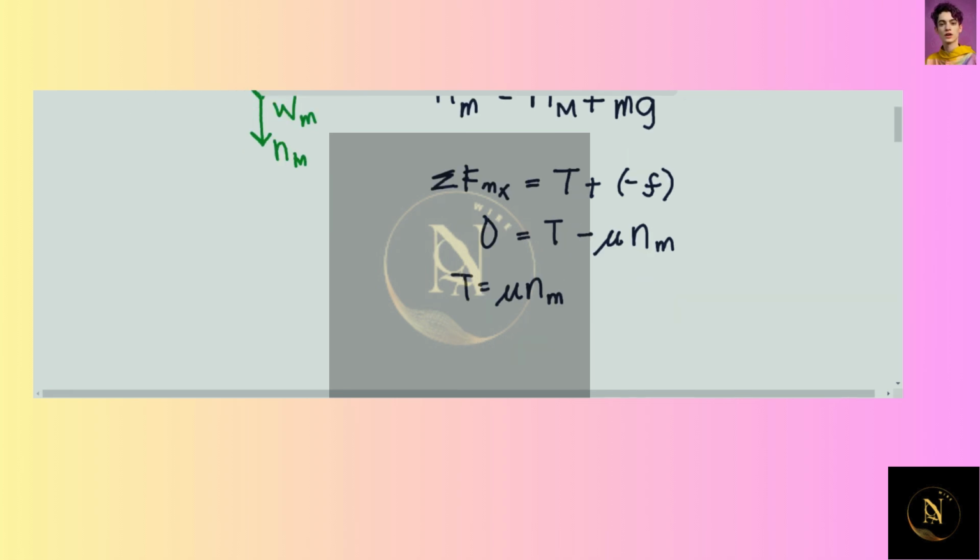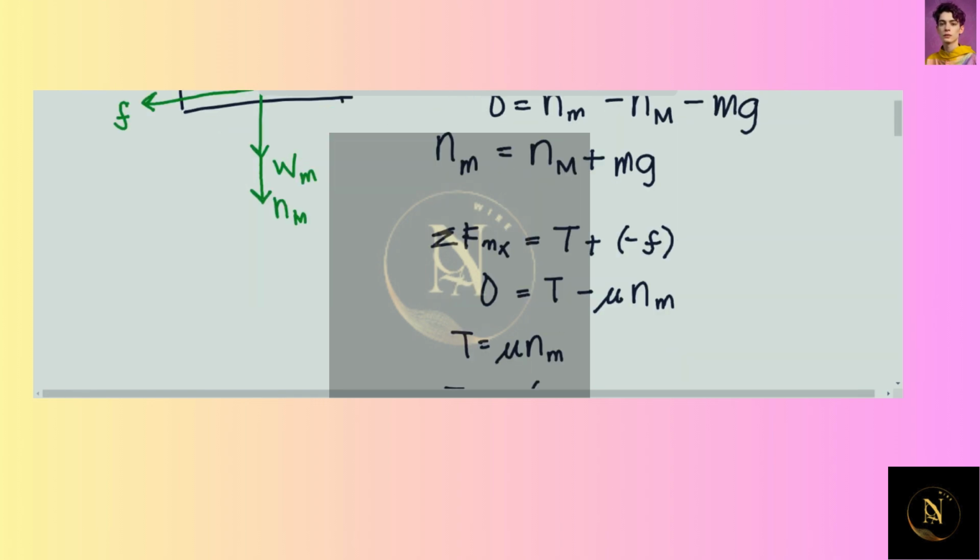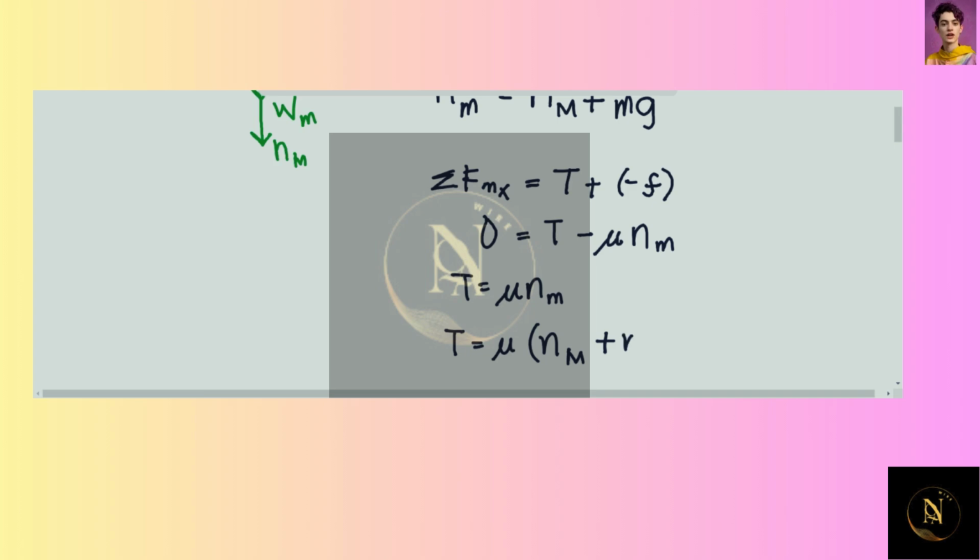And from the equation we had earlier for the normal force of the board, this becomes N sub small m equals the normal force of the man plus the weight of the board.